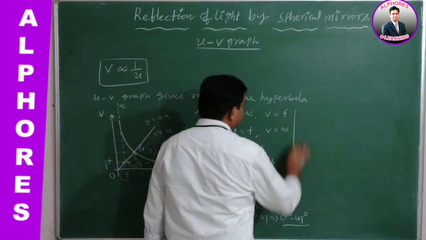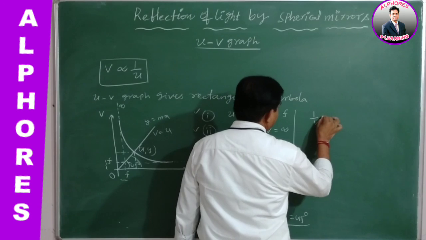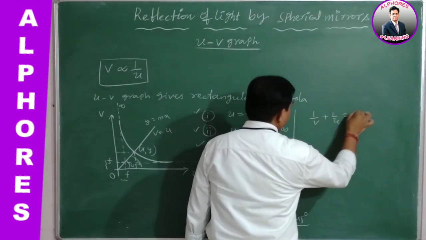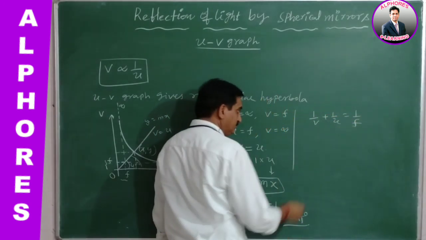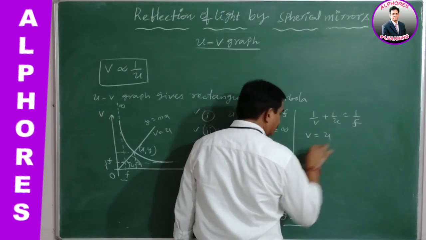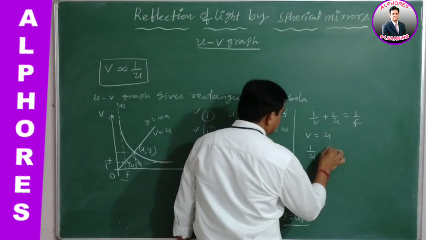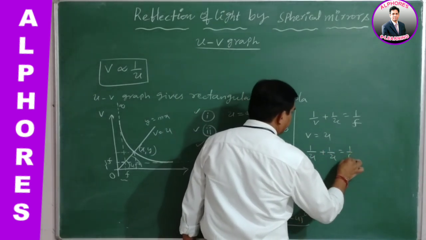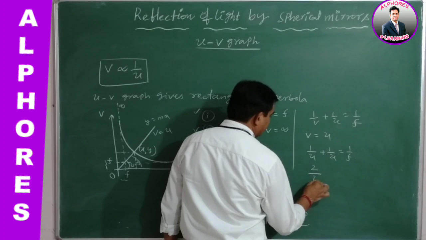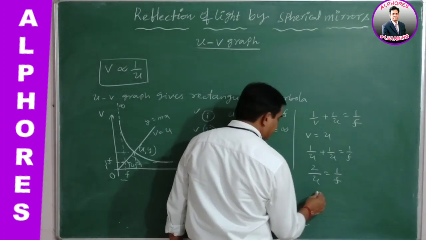How? Using the mirror formula, 1 by v plus 1 by u is equal to 1 by f. So if v is equal to u, therefore put here 1 by u plus 1 by u is equal to 1 by f, which gives us 2 by u is equal to 1 by f.